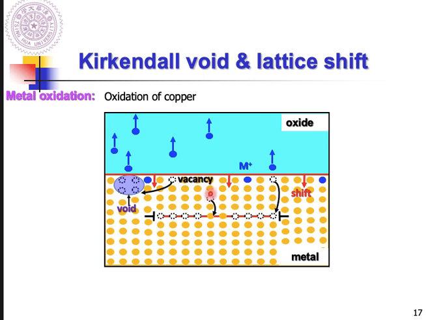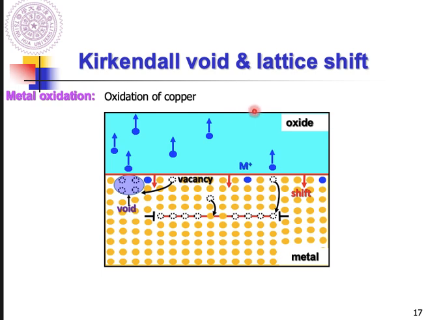Probably some people will mention that one possible mechanism is that the metal ion is going to move upward, move to the surface to react with the oxygen molecule. This is one possible mechanism, right?